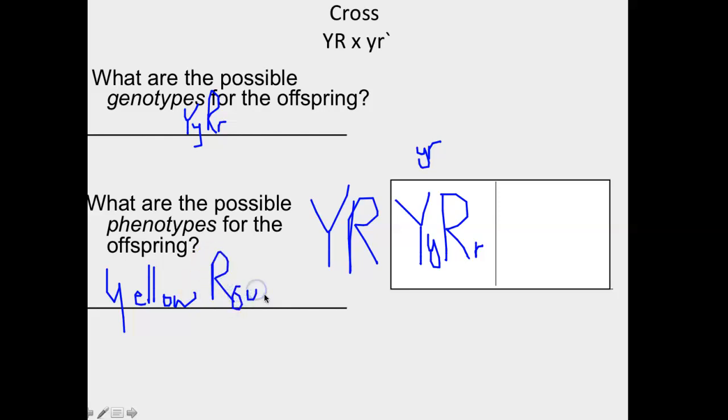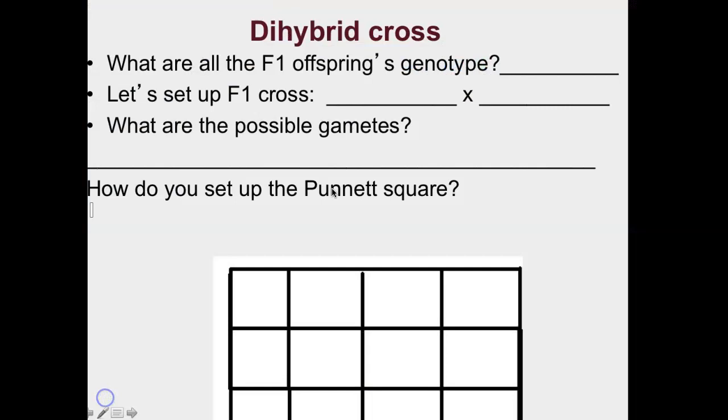So 100% of the offspring here are yellow round seeds. I'm going to cross F1. All right, so what was the genotype we just made? We made big Y, little y, big R, little r, right?